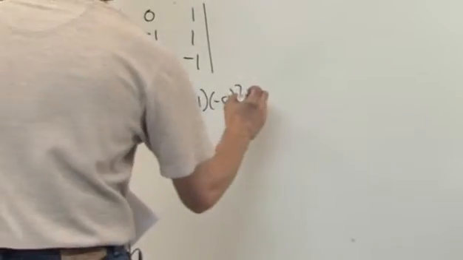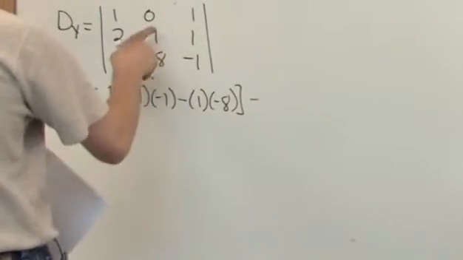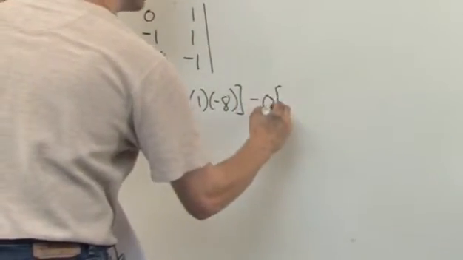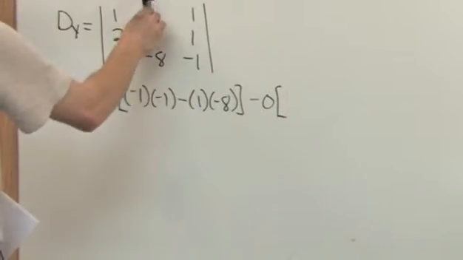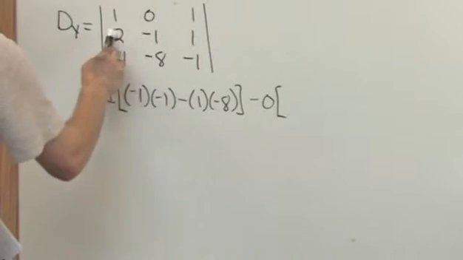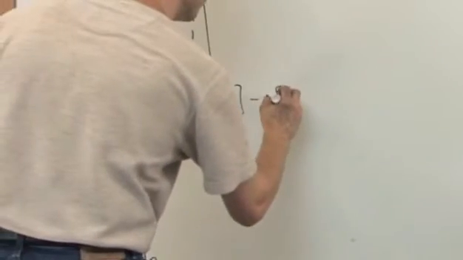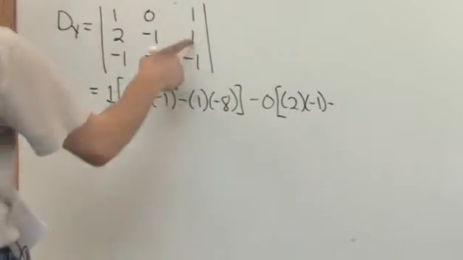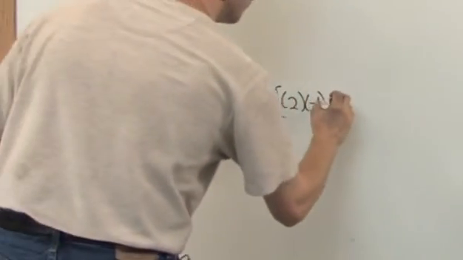And then what we're going to have is negative, because you always have a negative for your second term, 0 times the determinant here. Now you're going to mark through this and this. The only thing left is this stuff here, so you take a determinant like this. 2 times negative 1 minus, going this direction, 1 times negative 1.